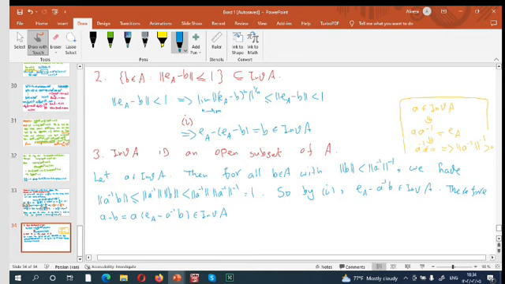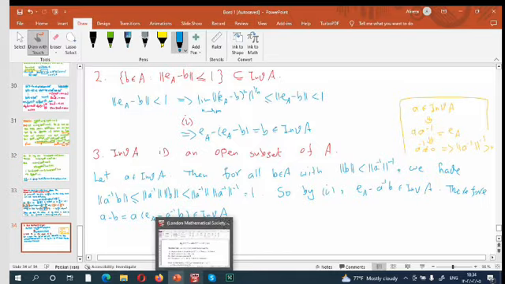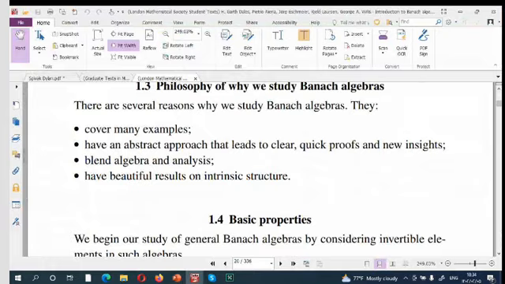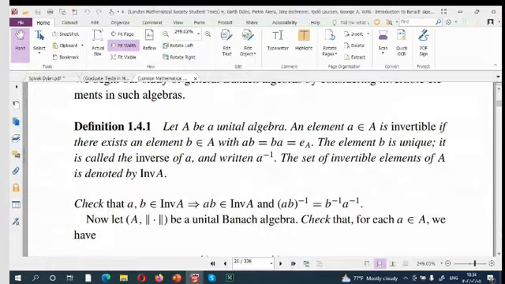Because this is an invertible element and this is an invertible element. We say that if A and B are invertible, then AB must be invertible.